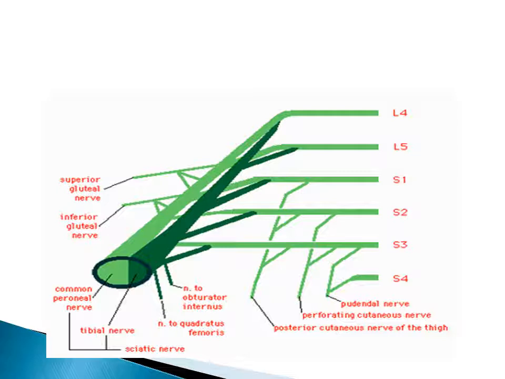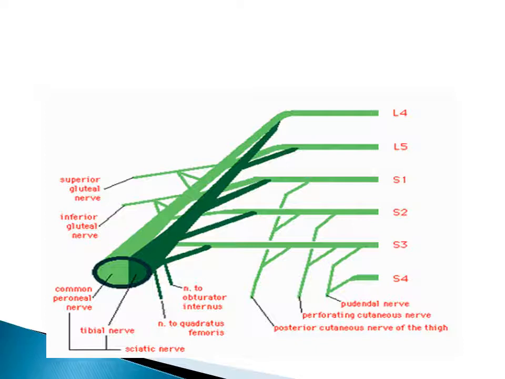They divide initially first into anterior and dorsal primary rami. From there, it's the ventral primary rami that then further divide into anterior and posterior divisions. And each one of the nerve roots of the sacral plexus has an anterior and a posterior division.